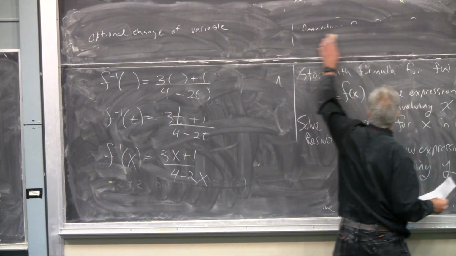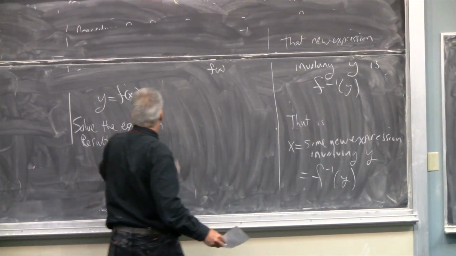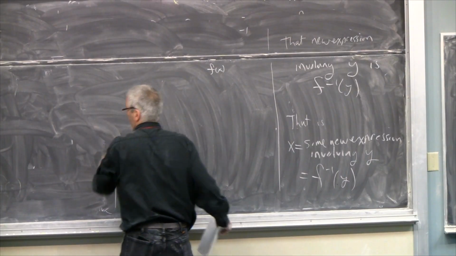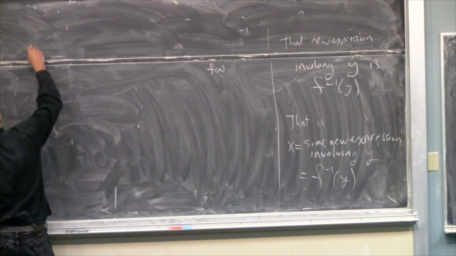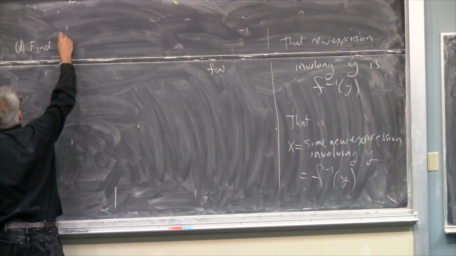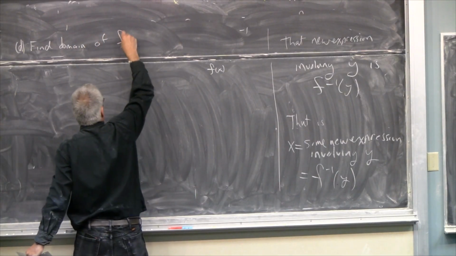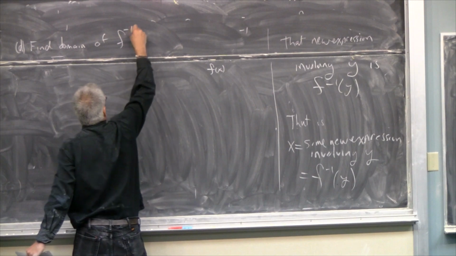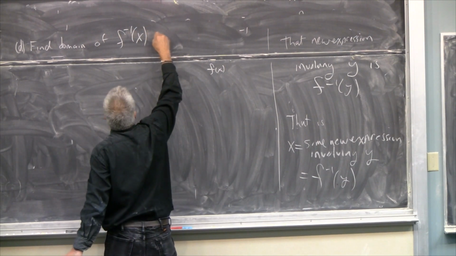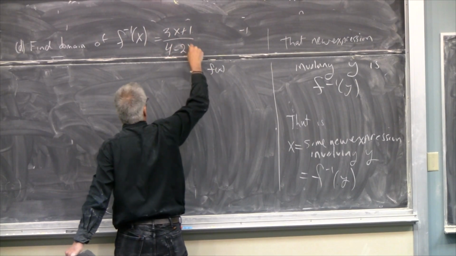So that's part C. Part D, remember, was to find the domain of this new F inverse function. F inverse of x, I'm going to go ahead and use the version that has x as the variable. (3x plus 1) over (4 minus 2x).